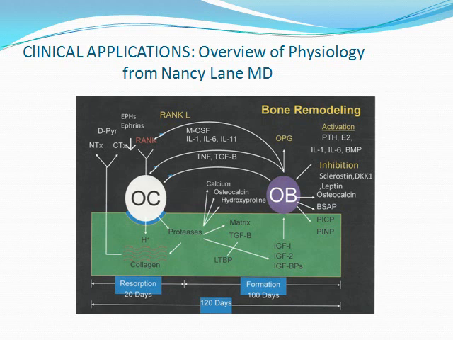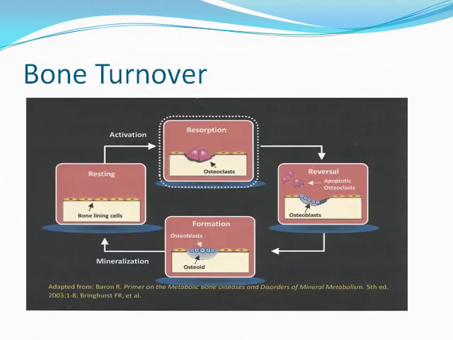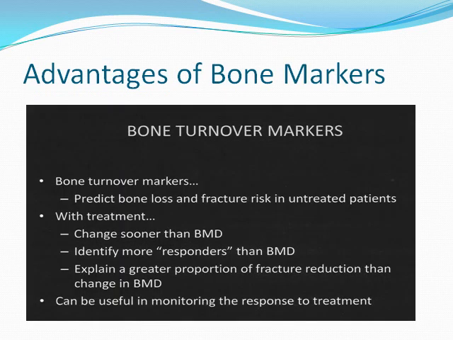So you want to prevent that process as much as possible with adequate vitamin D and calcium, so that you don't have to call on the osteoclast to supply you with adequate serum calcium. Okay, here's just another shot at the bone turnover cycle.